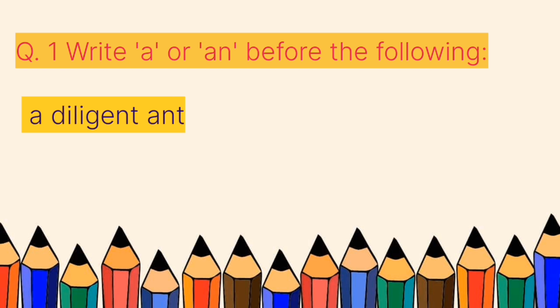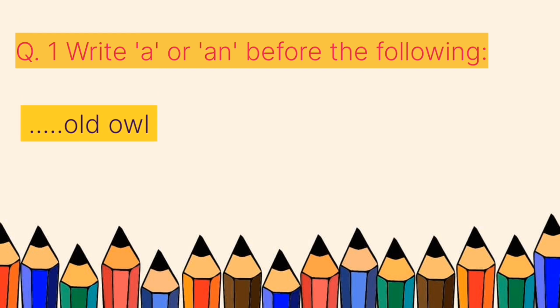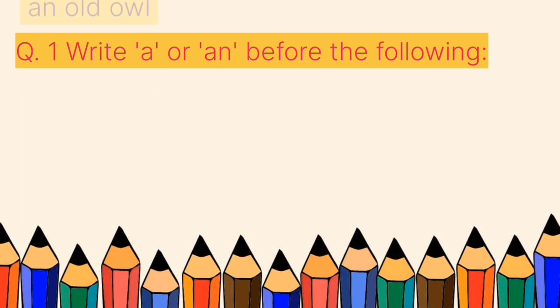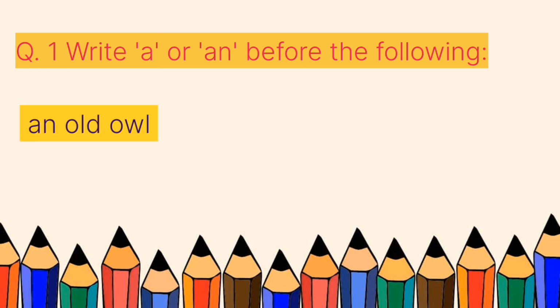Next, dash old owl. The answer is an old owl. Here, article an is used before words beginning with a vowel sound. In this case, old owl starts with the vowel sound O. So, an old owl is correct.